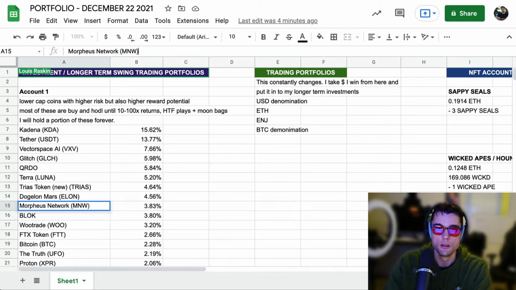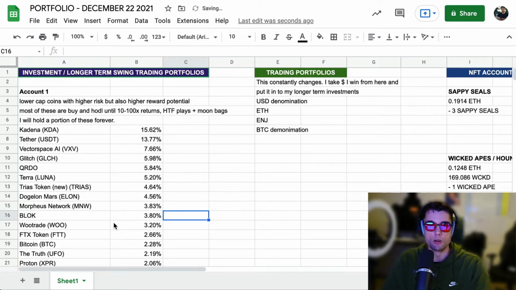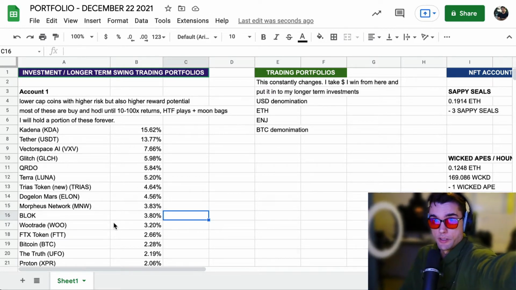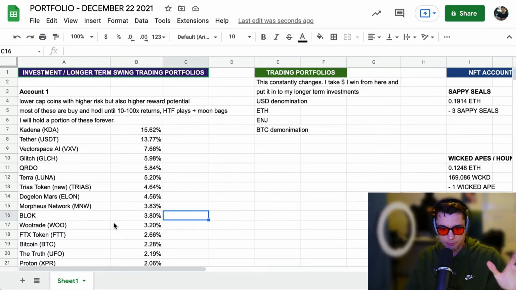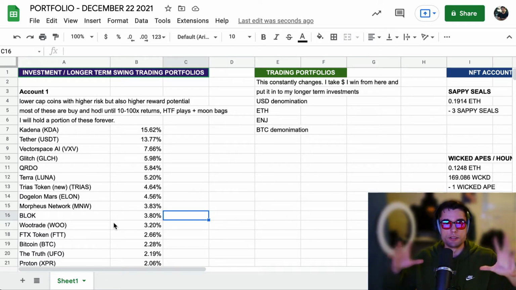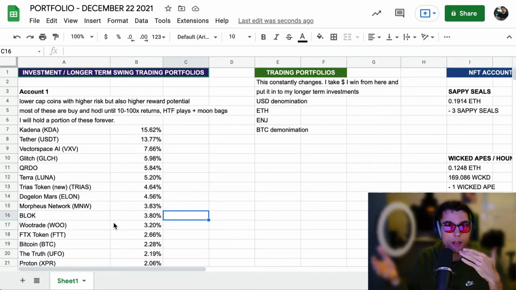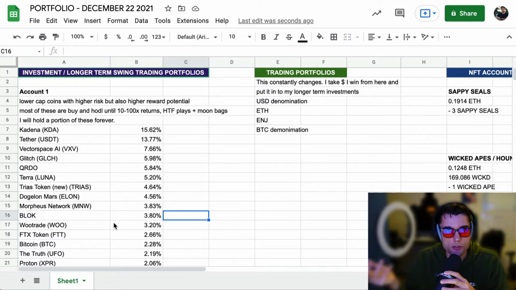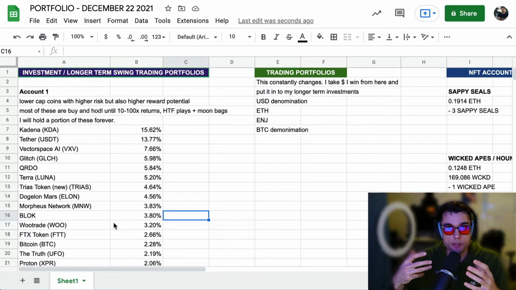And this is different than what I had before. Everything's a little bit different. Let me just change this real quick. Everything's a little bit different than what I had before because I took a lot of the coins that I had in certain wallets and I put them on here so that I could put in my sell orders and my rebuy orders using 3Commas. I always want to have everything automated as much as possible.